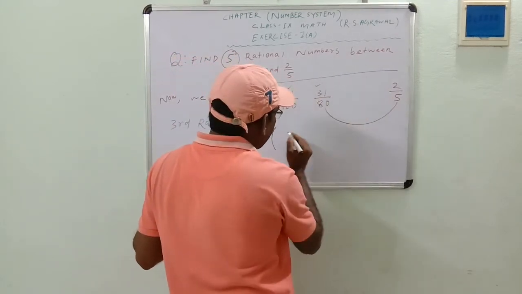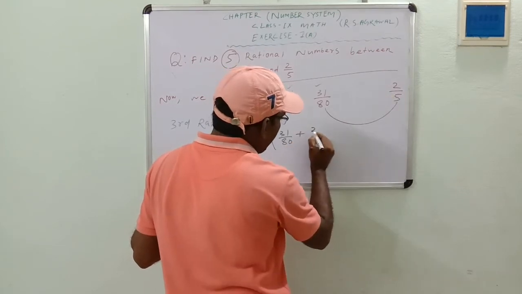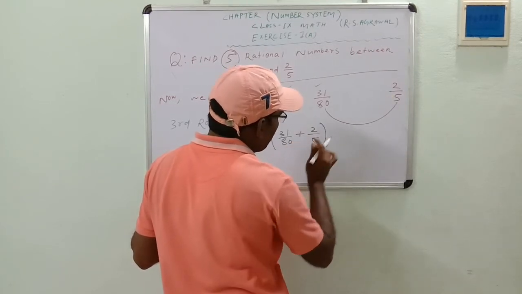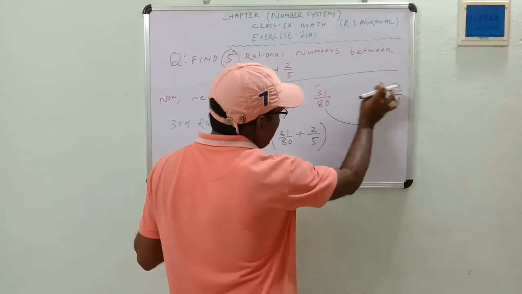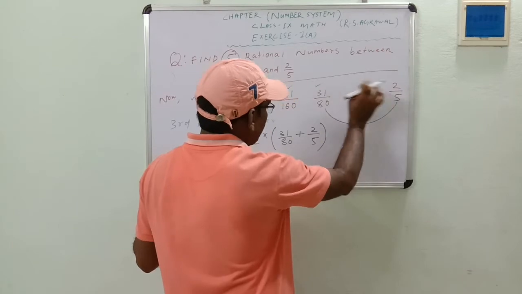The value of a will be 31 by 80 and the value of b will be 2 by 5, because you want to find out a rational number between these two rational numbers. So these two will be the values of a and b respectively.